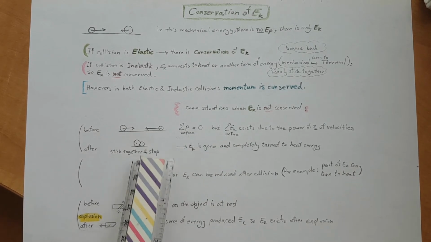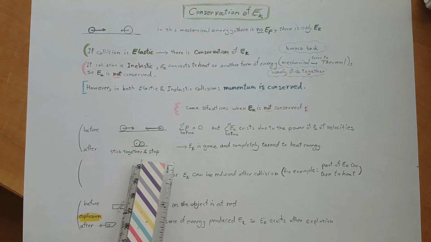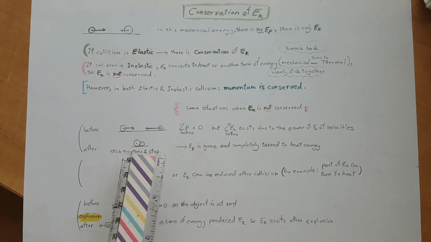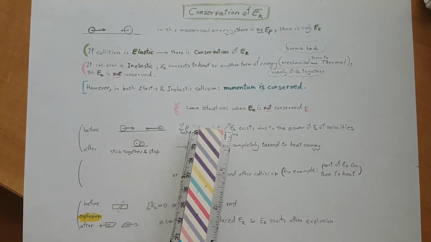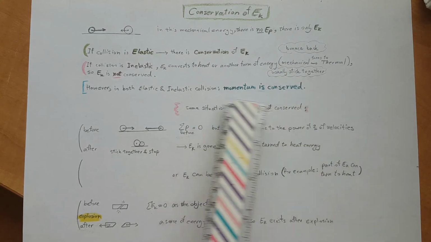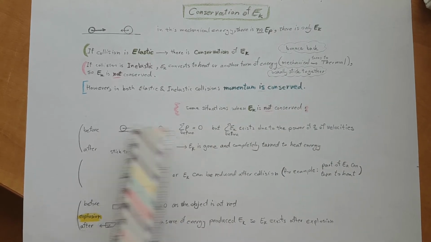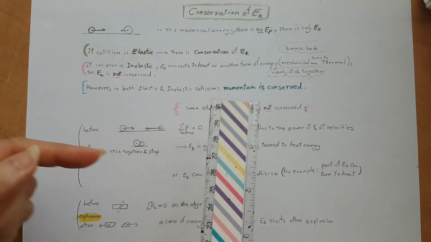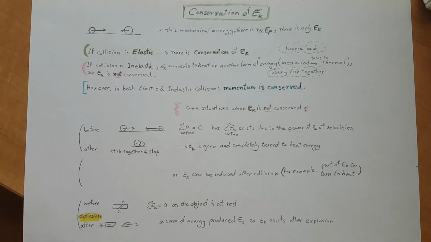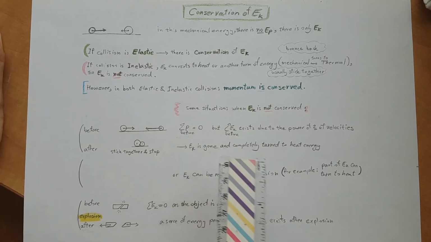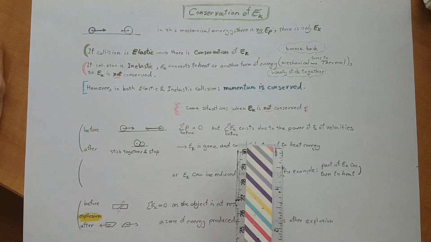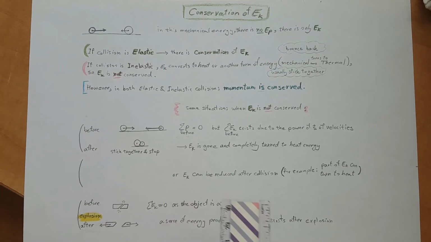It must be zero because after the collision it is at rest, and we know that the momentum must be conserved. So this addition is zero. Of course, the signs of the velocities are one negative, one positive. They cancel each other, and so the total P would be zero.